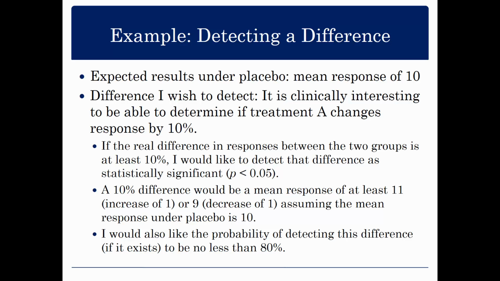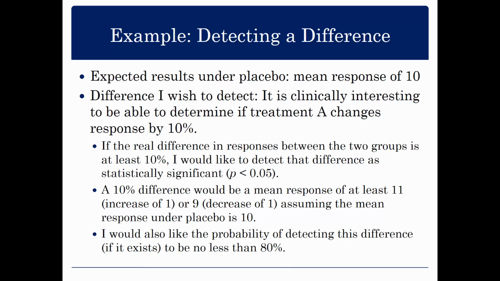Now there's two approaches to this. This is the ideal thing, that you know what a clinically meaningful difference is between the groups. But that's not always the case. So then you have to think about, well, what's a feasible sample size and what does that allow me to detect in terms of the difference? Those are two approaches to get to the same end.